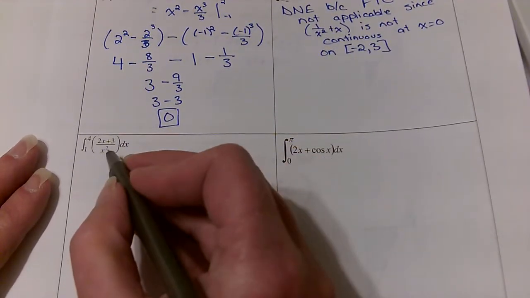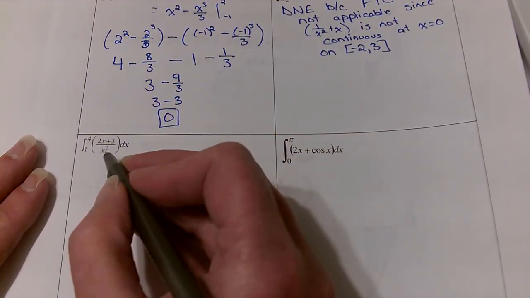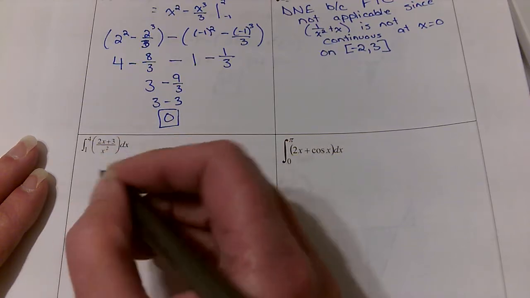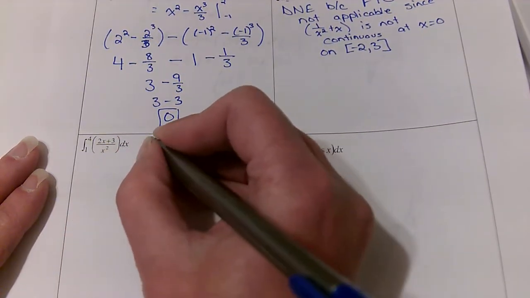Okay, what about this one? This one would also be discontinuous at 0, but that's not in our interval. So this one is doable.